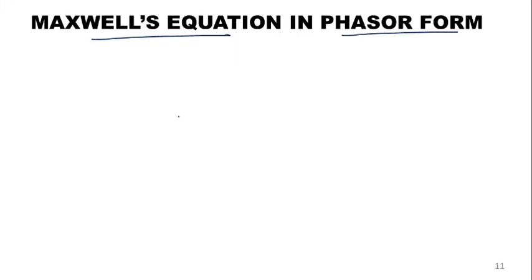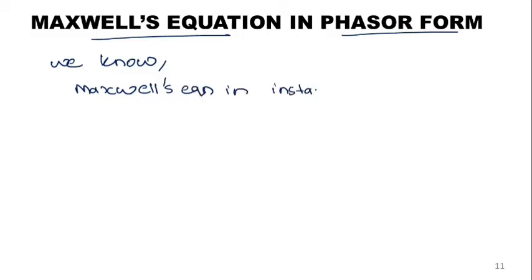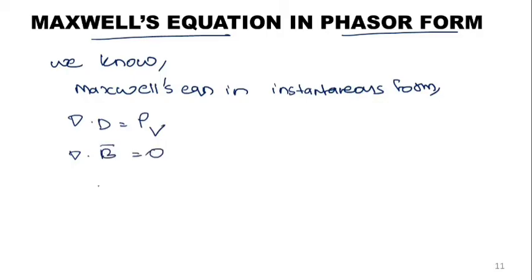Now we will connect Maxwell equations with the Phasor form. From here it is more important, but that was the basic. We know the Maxwell's equations in instantaneous form: del dot D is equal to rho V, also del dot B equal to 0, and del cross E is equal to minus dou B by dou t.